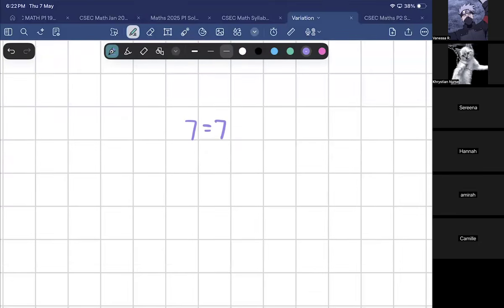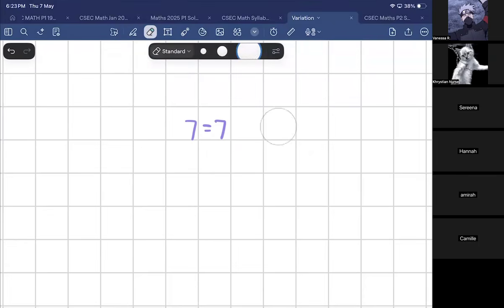Isn't 7 equal to 7? You sure you understand? Yes. Because both of them are what to each other? The same. Less than, more than, equal to each other? Equal to. Right, that's why I put the equal sign.